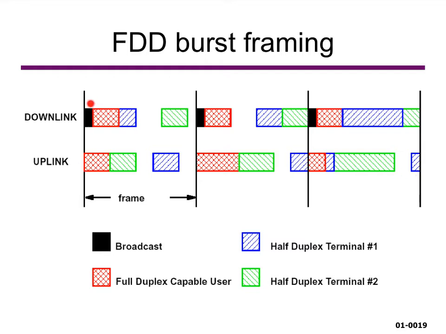So this is the broadcast. At the beginning of the downlink, I will send the uplink map and the downlink map, and then you have the two subframes concurrent in the time domain.